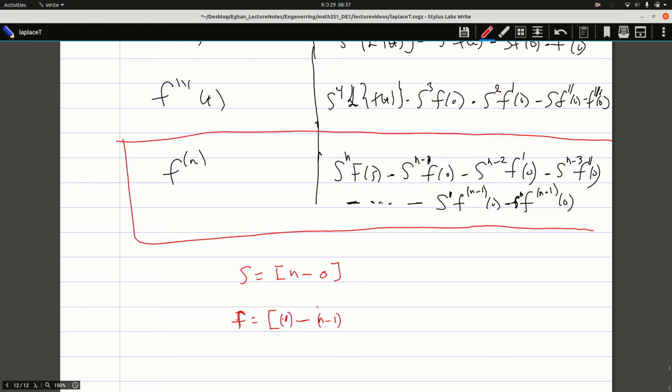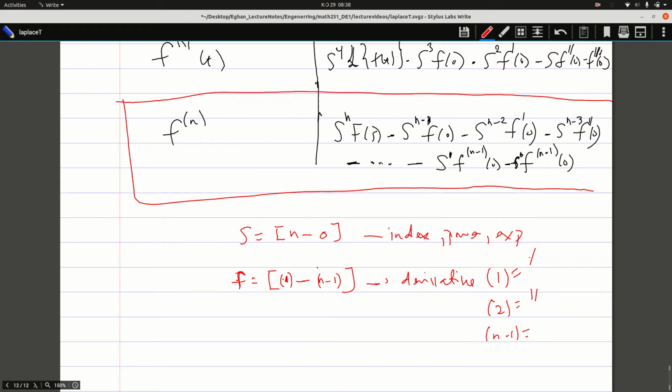You know these are indexes or powers or exponents. Here are derivatives. So 1 is the same as prime. If I have 2, it's the same as double prime. If I have n minus 1, it's the same as the n minus 1 derivative. So that's why I have them in the bracket.